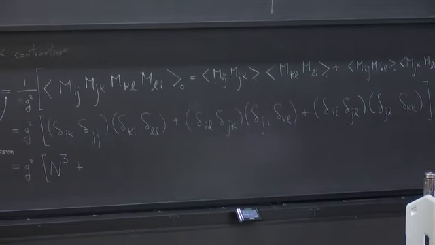So we have the expectation value of 1 over g squared trace M to the 4. And this would be the expectation value of 1 over g squared, and then trace of M, I write like this.